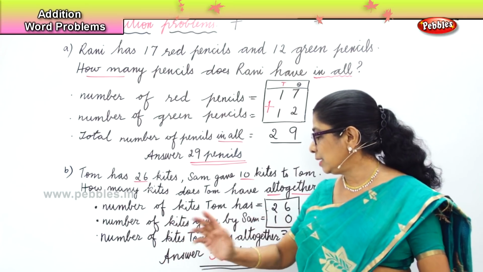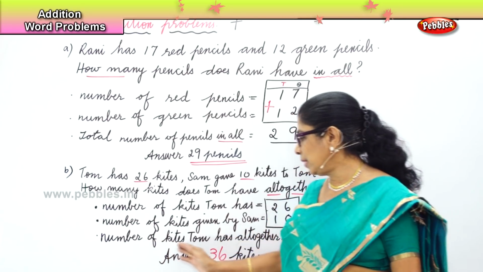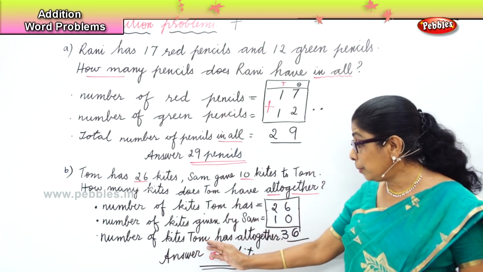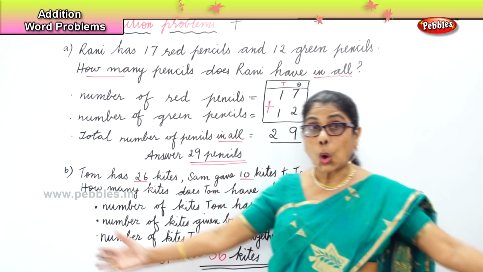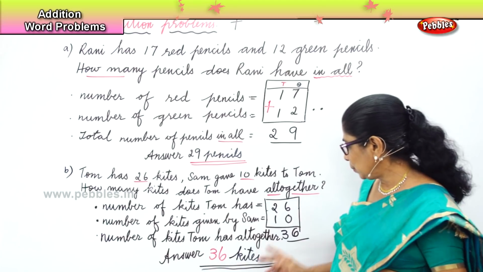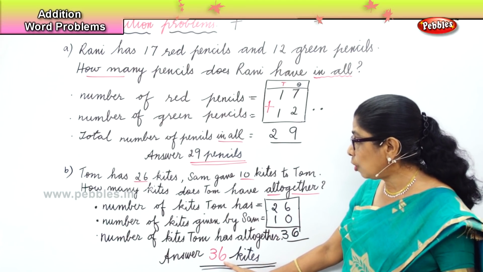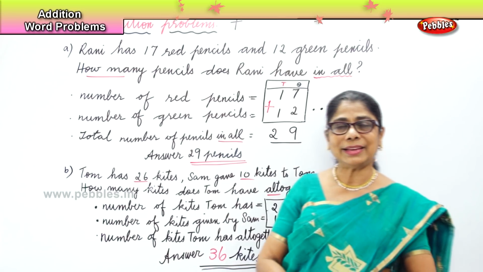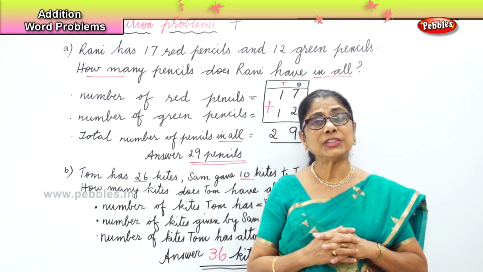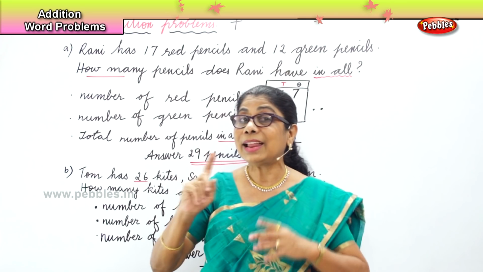Number of kites given by Sam, 10. Therefore, number of kites Tom has altogether: 26 plus 10, 36. The answer is Tom now has 36 kites. Think of it as a story, but remember, altogether and in all mean addition.